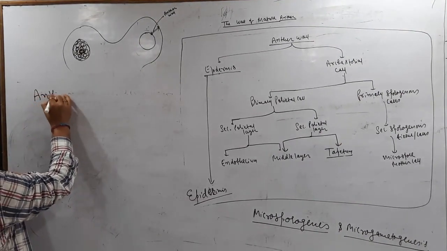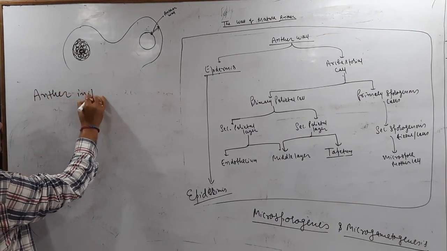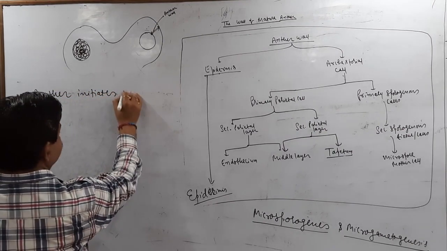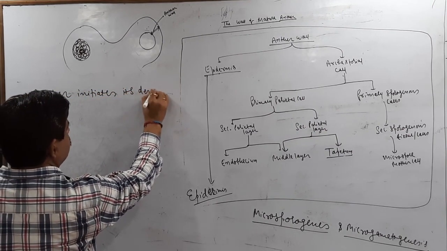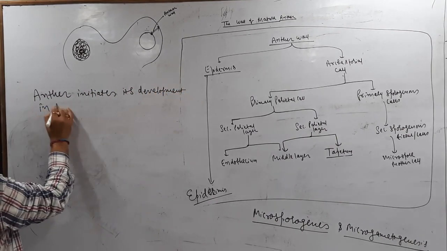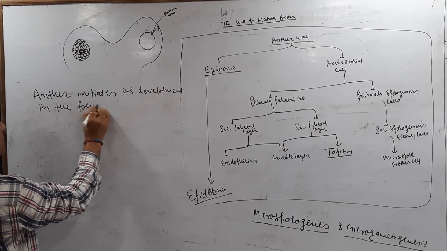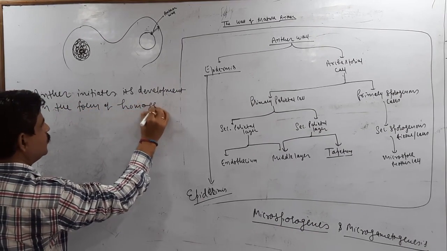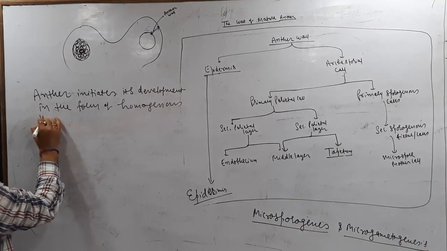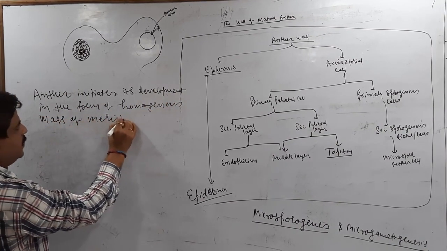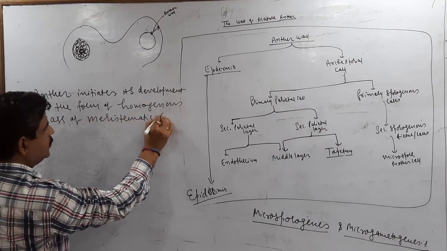The anther initiates its development in the form of a homogeneous mass of meristematic cells.